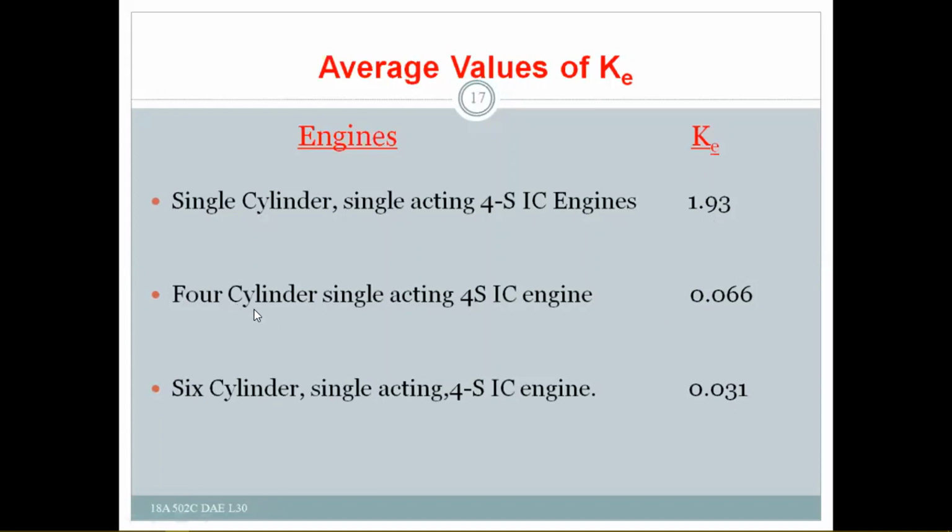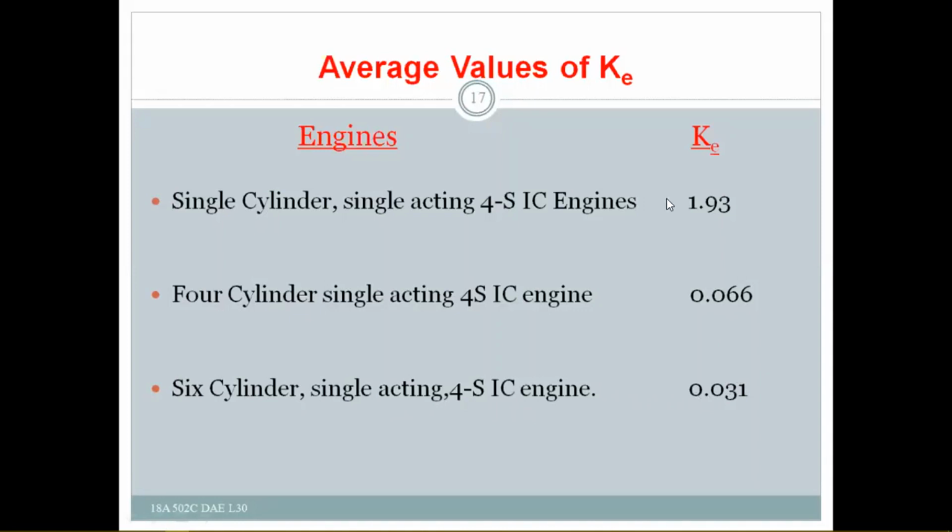Whereas a 4-cylinder, single acting, 4-stroke IC engine will have 0.066, and similarly a 6-cylinder, single acting, 4-stroke IC engine will have 0.031.